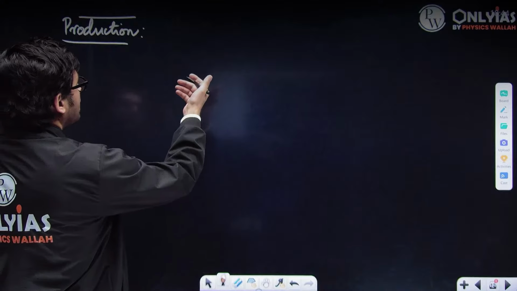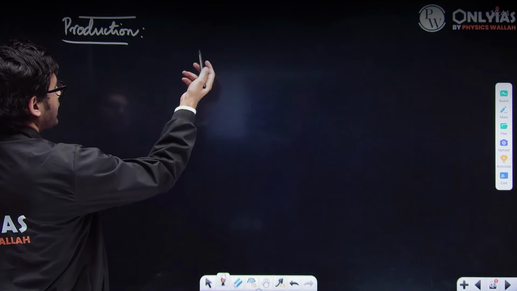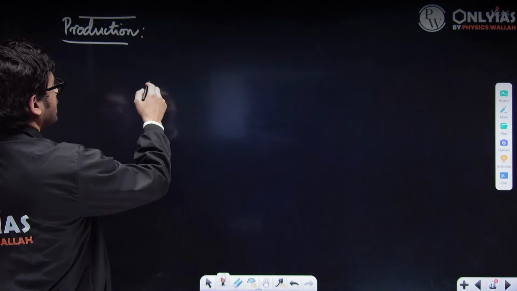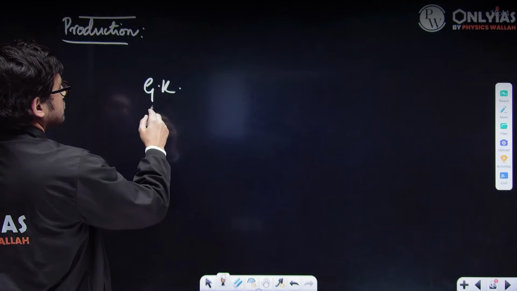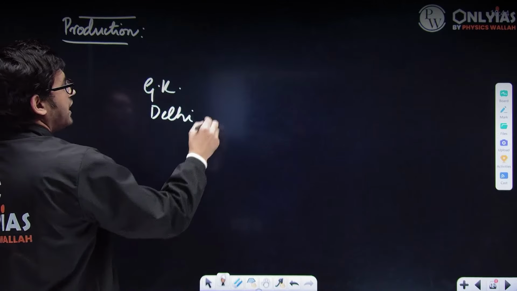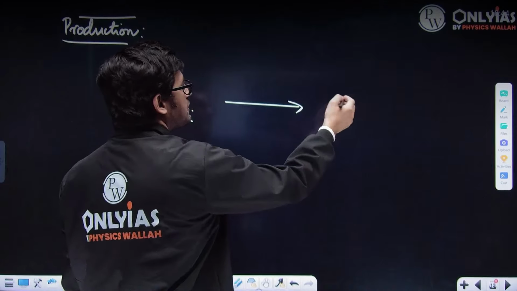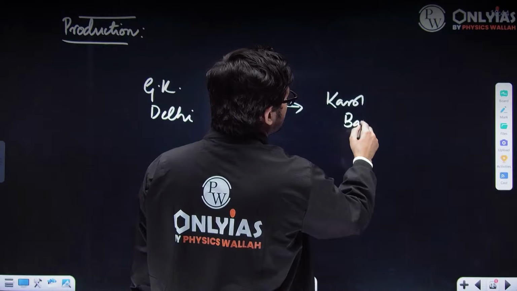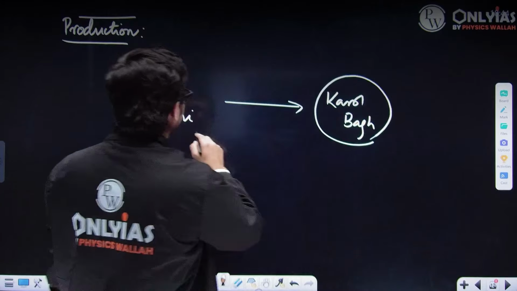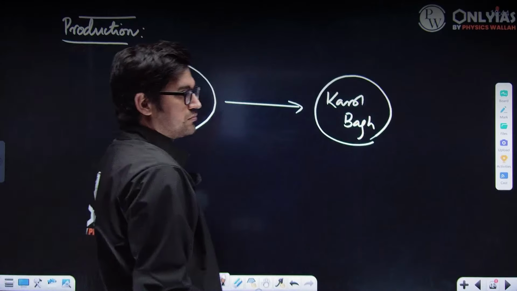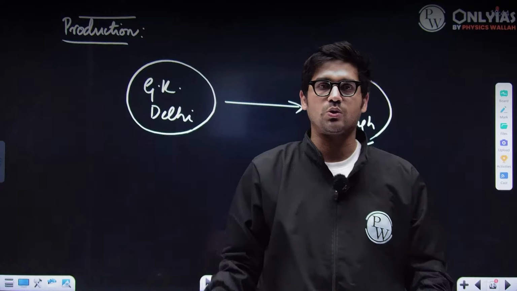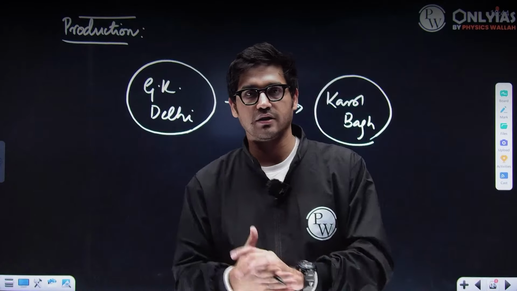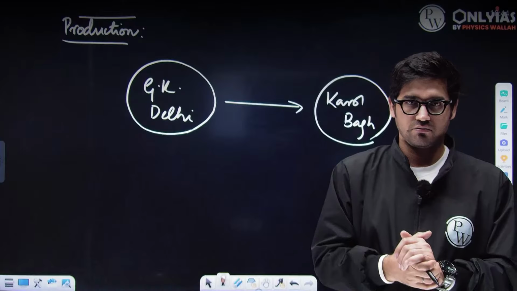I start from my house, let's say in Greater Kailash, Delhi, and I have to reach my office, let us say, which is in Karol Bagh. Think about a person like me who has to go from Greater Kailash to Karol Bagh. I don't have a car.